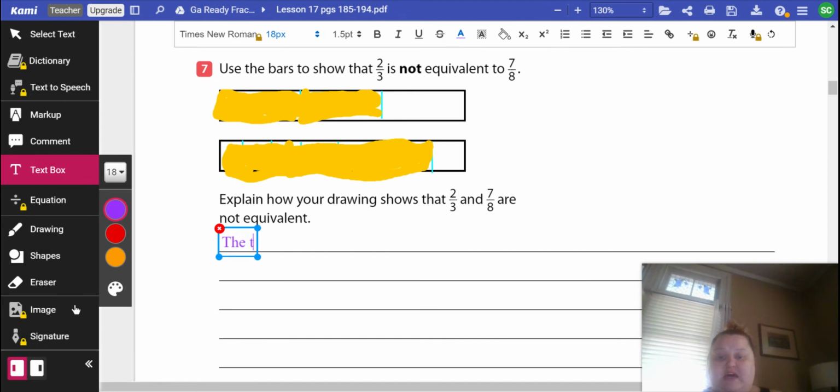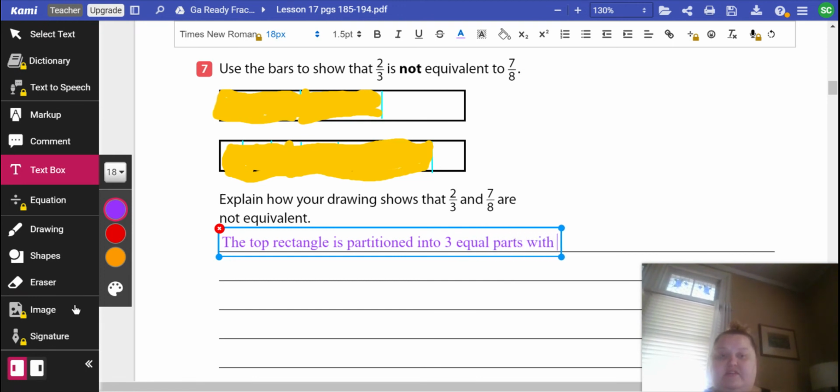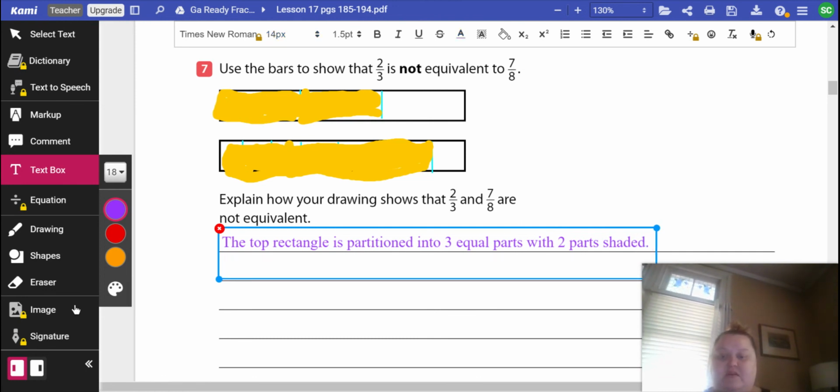I'm going to say the top rectangle is partitioned into 3 equal parts with 2 parts shaded. And I'm going to say what I did on the bottom.